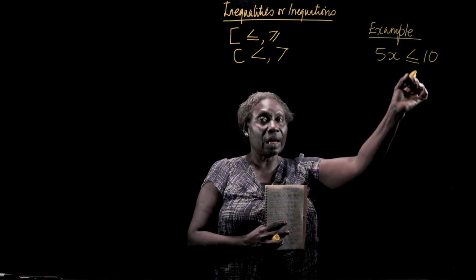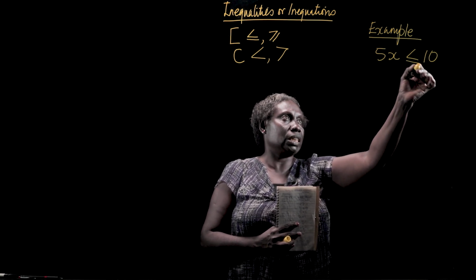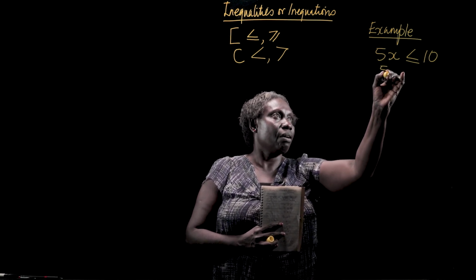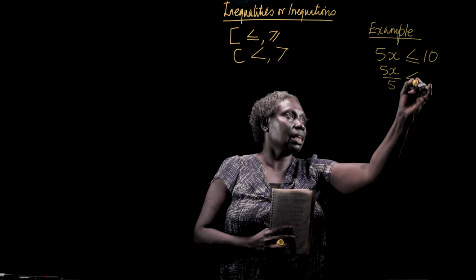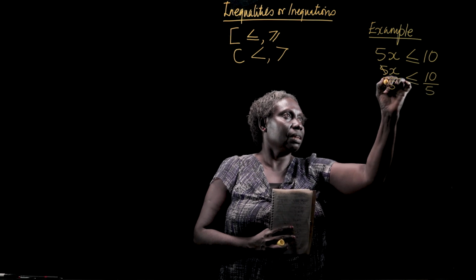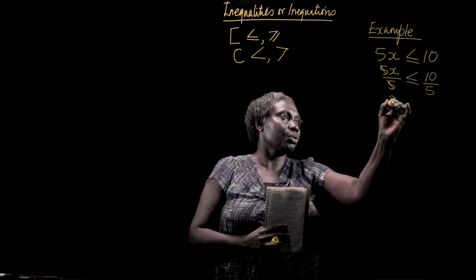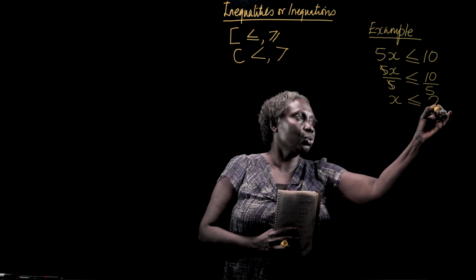Since this is multiplying by 5, we are going to divide both sides of the inequality by 5. So we have 5x divided by 5 is less than or equal to 10 divided by 5. 5 cancels out, so x is less than or equal to 2.